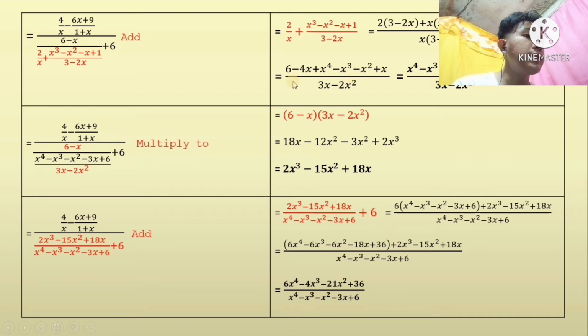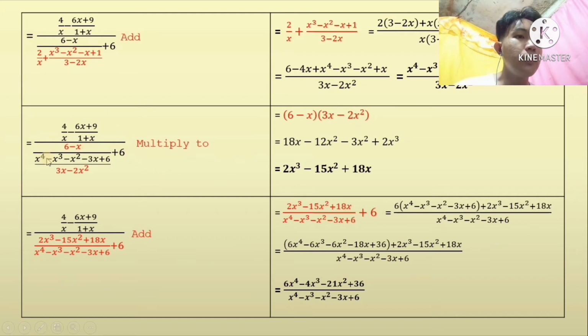Our equation will be 6 minus 4x plus x raised to 4 minus x cubed minus x squared plus x over 3x minus 2x squared. So combine like terms, our equation will be x raised to 4 minus x cubed minus x squared minus 3x plus 6 over 3x minus 2x squared.